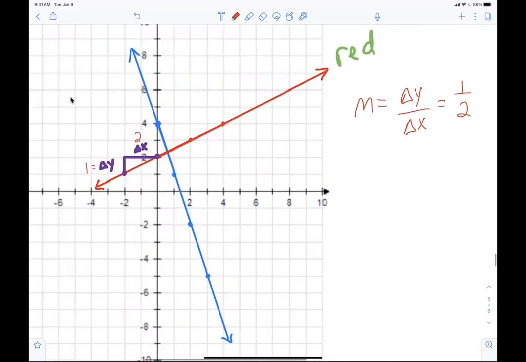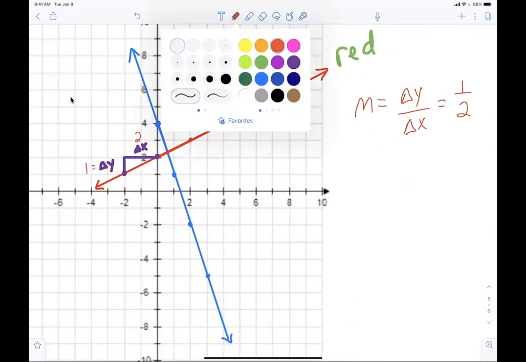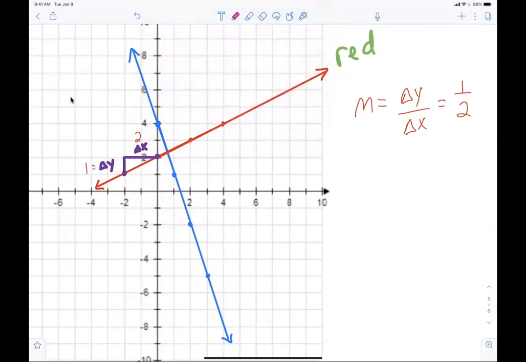Now, let me ask you this. If I pick this point right here, guys, listen to me carefully. If I picked this point right here and this point right here, and I did rise over run, what's that rise over run going to be? 1/2. Very good. What if I picked this point way over here and this point way over here, and I did rise over run?